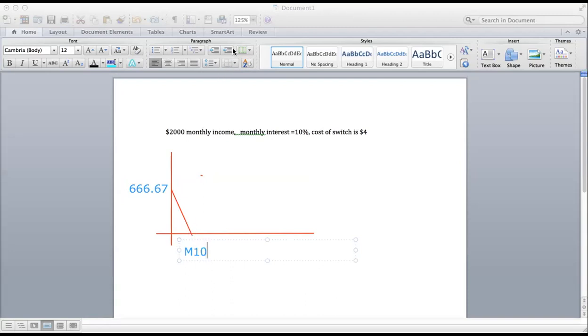Then you sell some bonds in the amount of 666 and use them till March 20th.